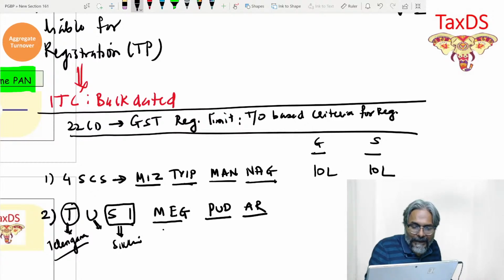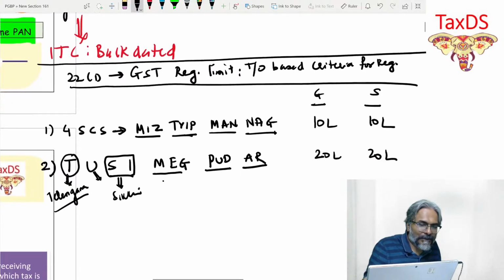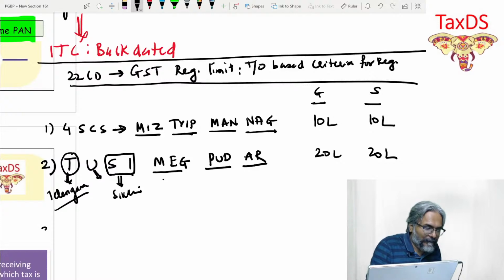And AR is your Arunachal Pradesh. Okay, to C, Meg Pudar, that is 20 lakh students in this context. 20 lakhs in this context, students. Be careful on this one.